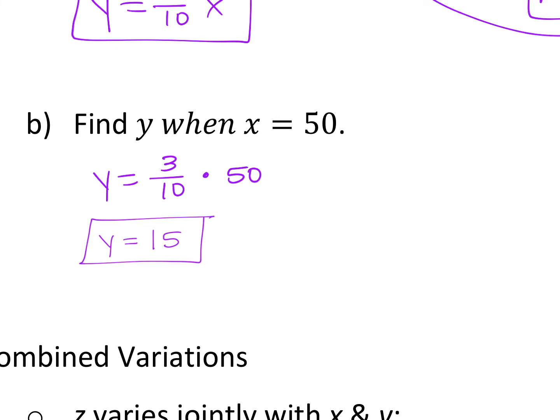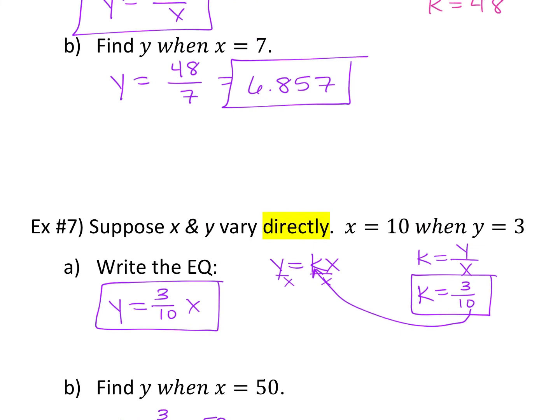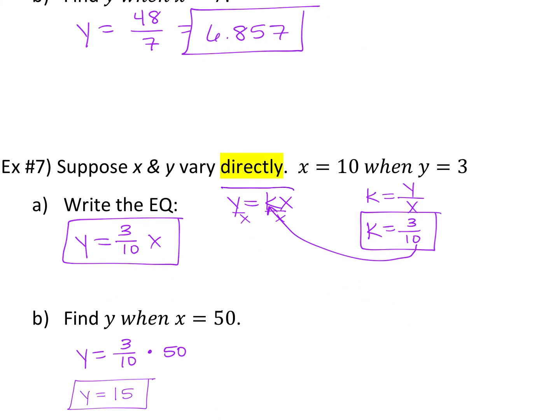Questions on that? Jada? So I'm still kind of getting something mixed up with different procedures. It's tricky, right? Because your equation for direct is multiplication, right? Y equals k times x is the equation that you're going to write. But to find k, you divide.